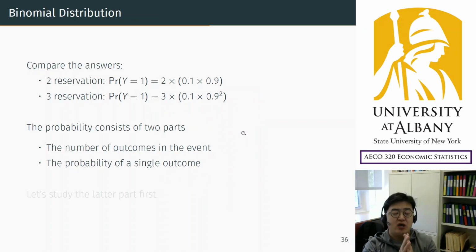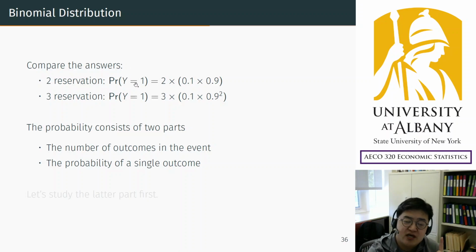So now we have learned 2 cases, with 2 reservations and 3 reservations, and now let's find their commonalities. What are the common parts in their probabilities? When you have 2 reservations, I asked you to calculate the probability of 1 cancellation. It was calculated this way. And in the 3 reservation case, we just calculated the probability this way: 3 times this.